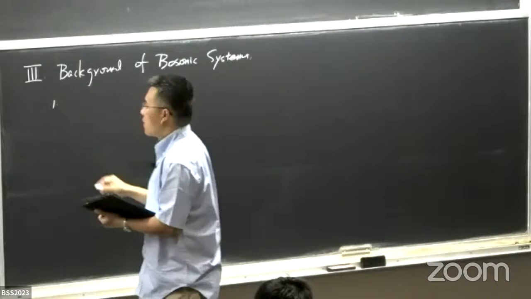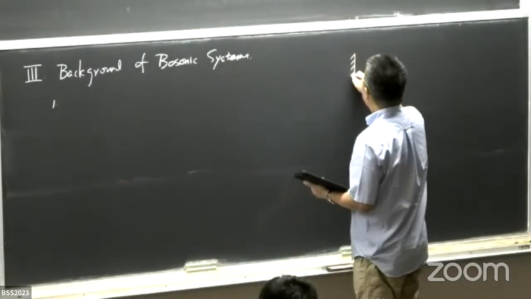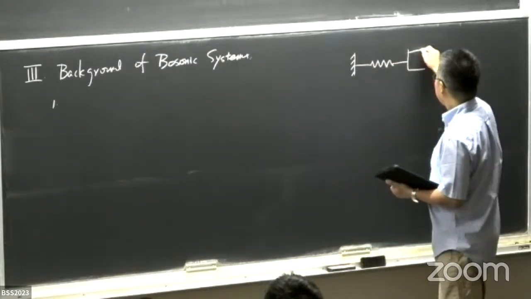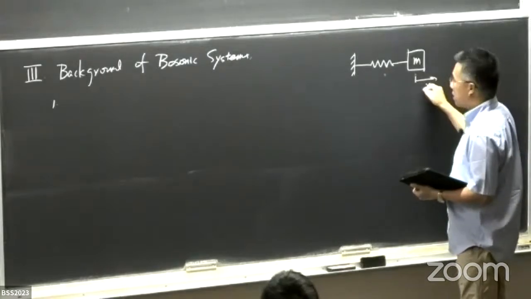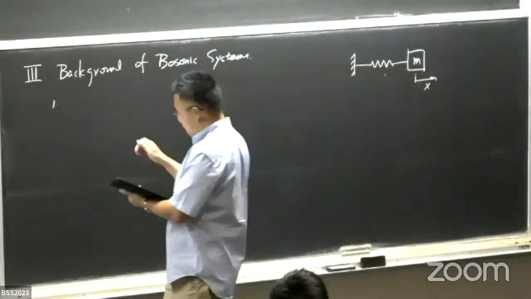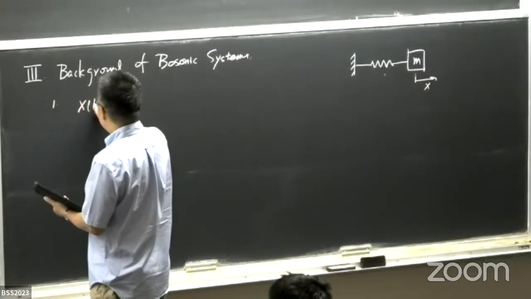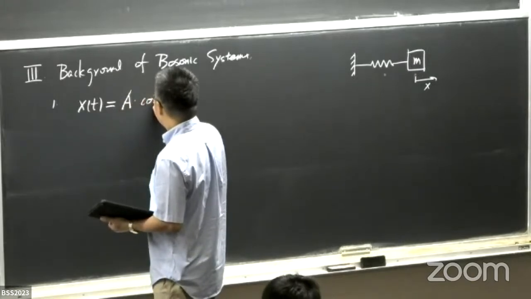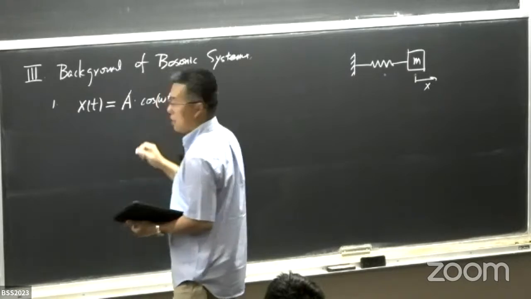The first background is a simple harmonic oscillator, but in the classical picture, because that gives us very good intuition. Spring, mass, displacement. Classically, we write the position as amplitude times cosine of omega t plus phi.